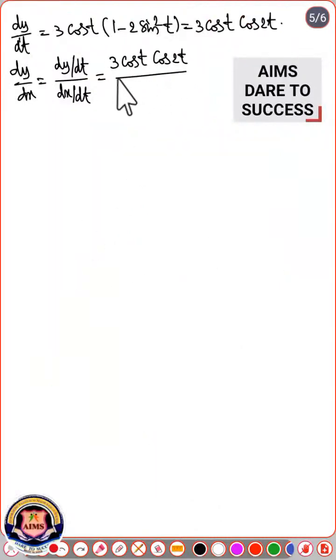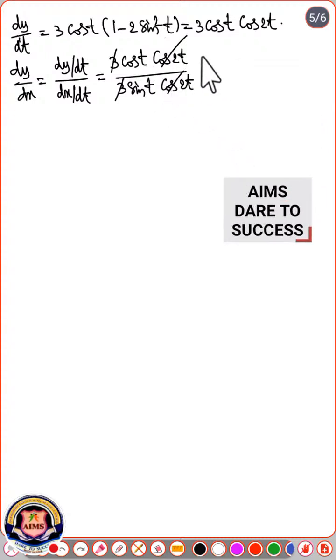Okay, 3 sin t cos 2t. My dears, 3 gets cancelled, cos 2t gets cancelled, and the remaining value is cos t by sin t. Cos t by sin t is cot t, which is the required answer.